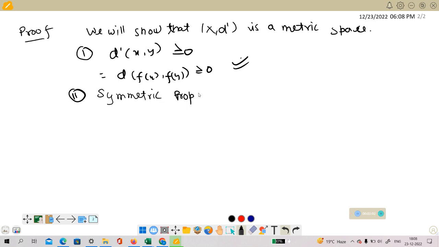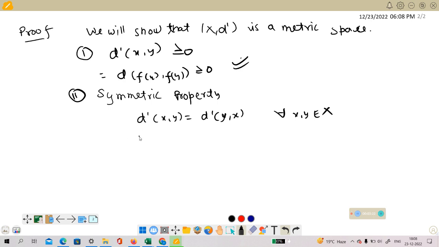For that we need to show that d'(x, y) is equal to d'(y, x) for all x, y belonging to X. This is also simple.